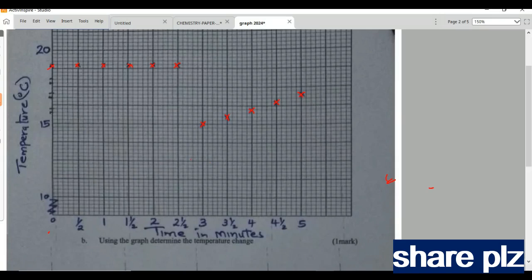Now what you do here, you take a ruler and draw a straight line, a line of best fit.